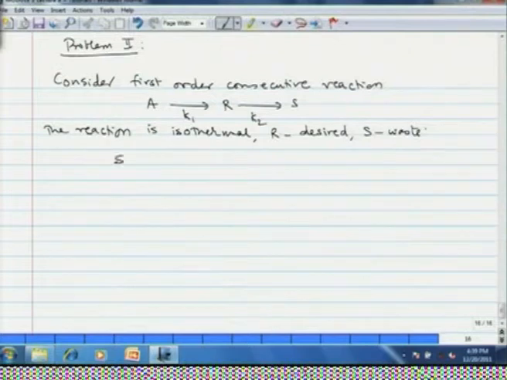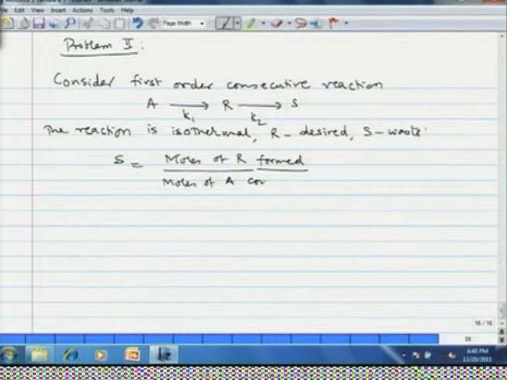Now, again selectivity S is defined as moles of R, which is desired product, divided by moles of A. Moles of R formed divided by moles of A consumed.